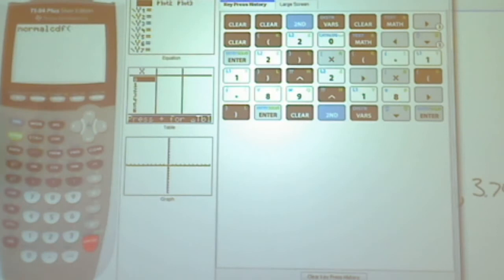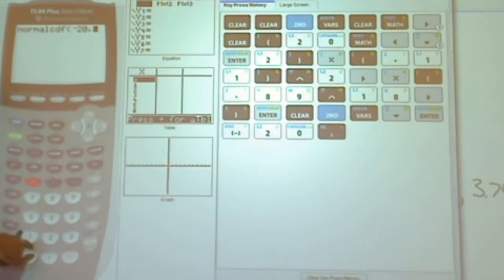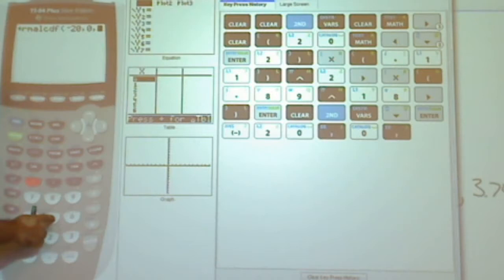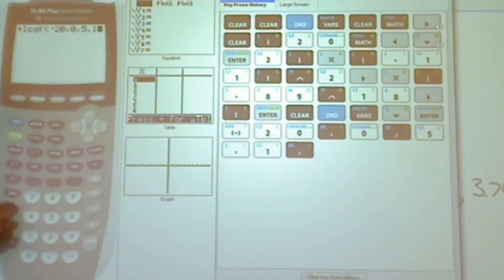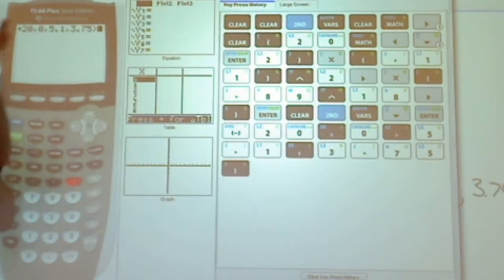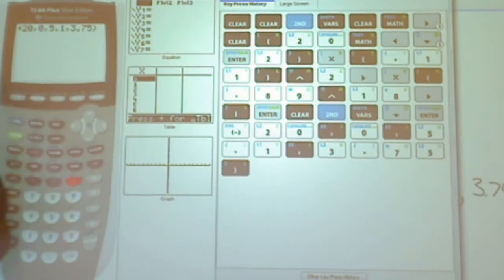Okay, so if you remember I did minus 20, I wanted something way to the left. So minus 20, comma, we went up to 0, comma, the mean was 5.1, comma, the standard deviation was 3.75, close bracket. If you can see this formula sheet, I've got that on there, normal CDF: lower bound, upper bound, mean, standard deviation.